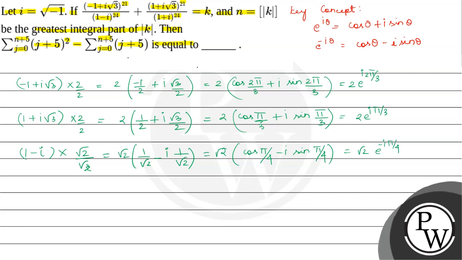Now we have 1 + i. If we multiply and divide by √2, we get √2 into (1/√2 + i/√2), which is √2 into (cos π/4 + i sin π/4), which is equal to √2 e^(iπ/4).